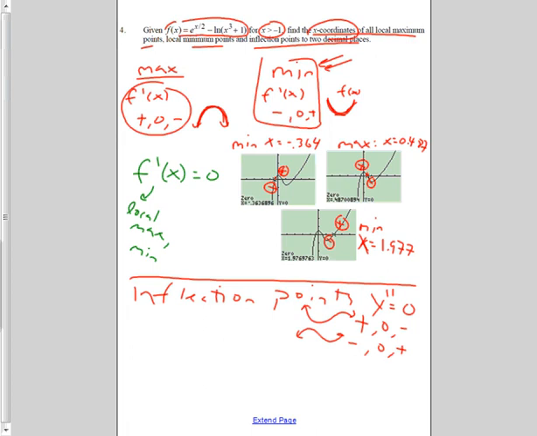That will give us the points of inflection. So we need to find out when that second derivative is 0 and make sure it changes sign. So let's look at the second derivative.